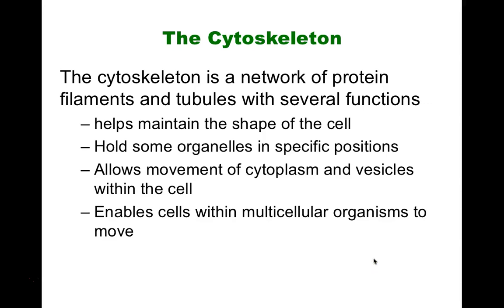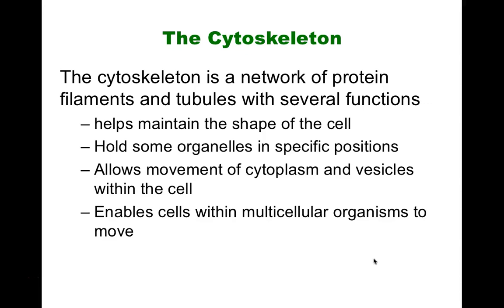In addition to endomembrane structures and organelles that we might find in a typical eukaryotic cell, we would also find what's called a cytoskeleton network. The cytoskeleton, as the name implies, cyto referring to cell, skeleton, some kind of structure that gives an entity shape or form or support, is what the cytoskeleton does inside of a eukaryotic cell.